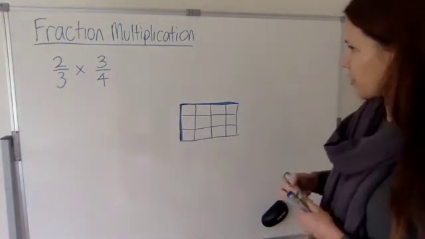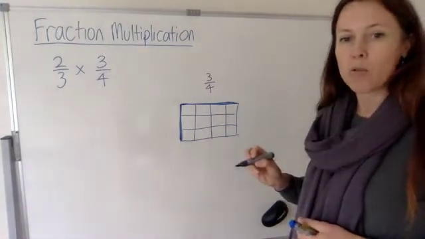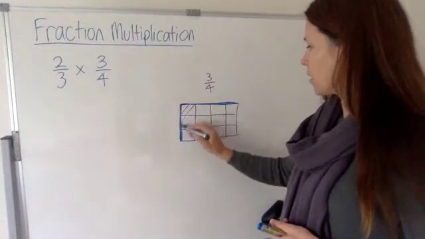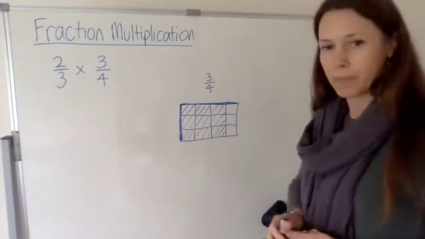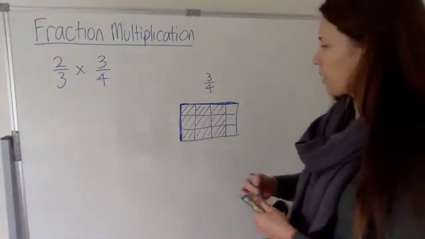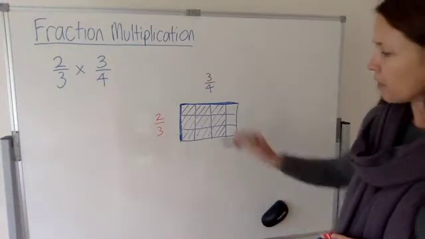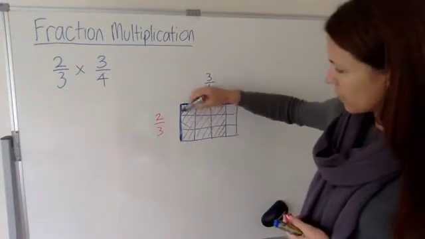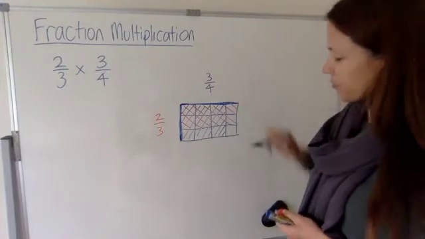Now, taking a couple of different colours here. If we want to shade 3/4 of this picture, it's pretty obvious that we'll need to just shade 3 out of the 4 columns. Everyone happy with that? I've shaded 3/4 in purple. Now, if I'm going to shade 2/3 of the whole area, I've got 3 rows, so I can just very easily shade 2 out of the 3 rows.